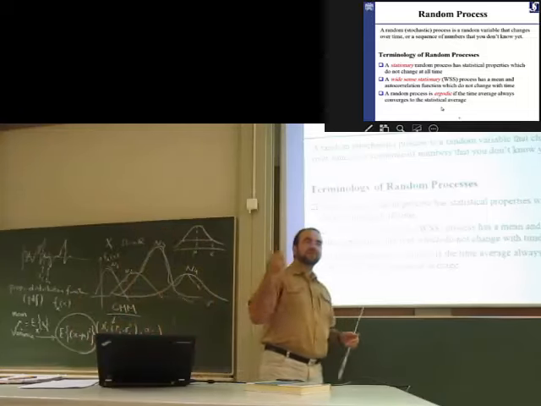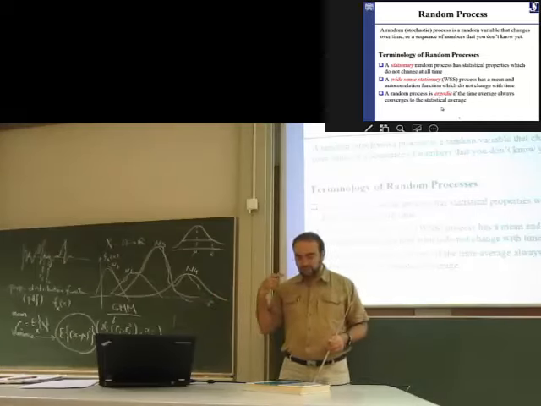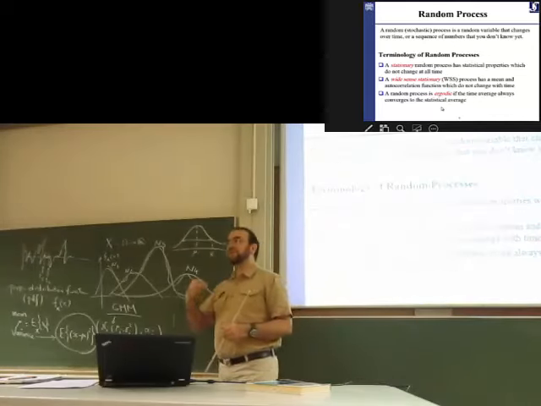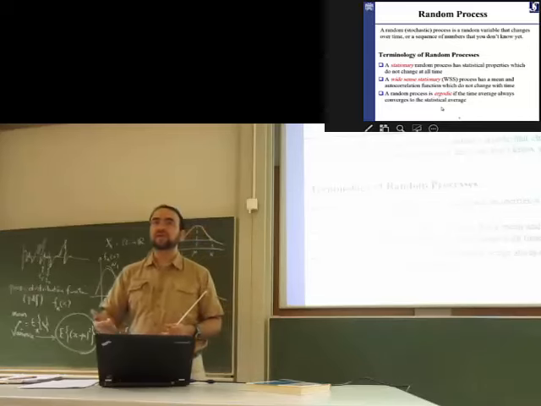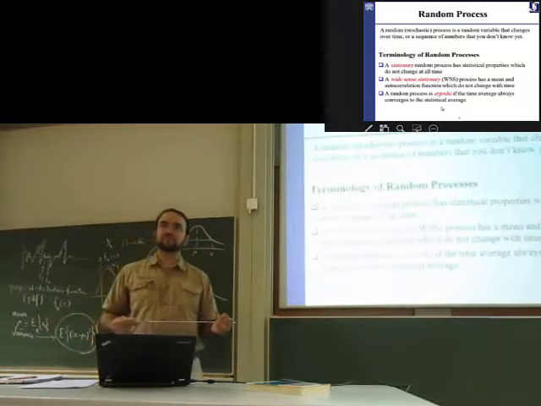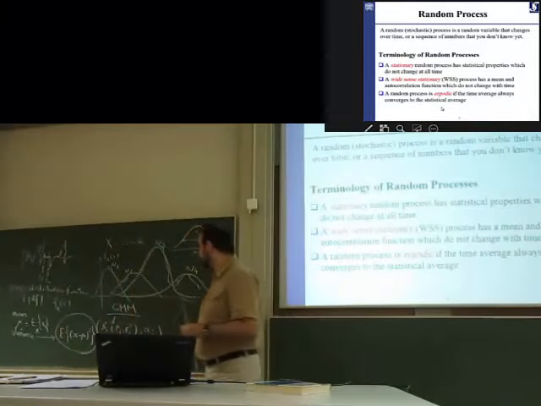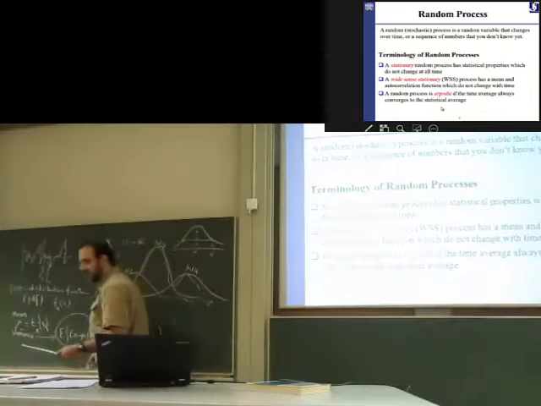In a very simple statement, a random process is a random variable that varies in time. So let me explain it maybe with an example.